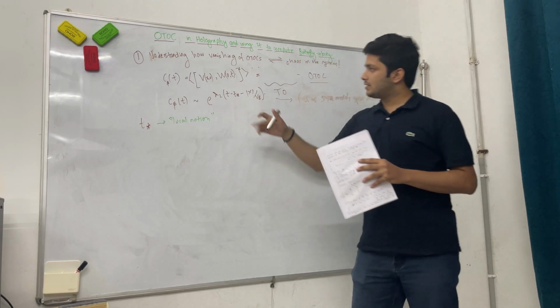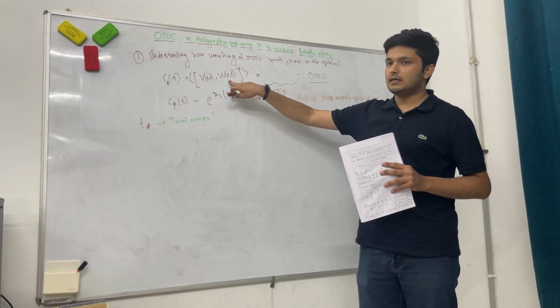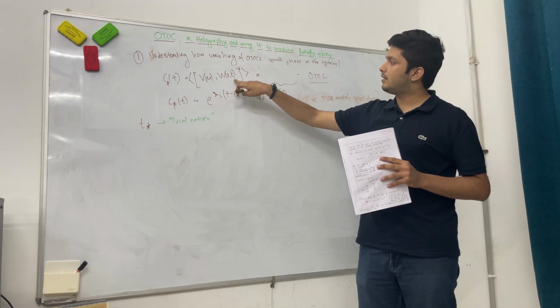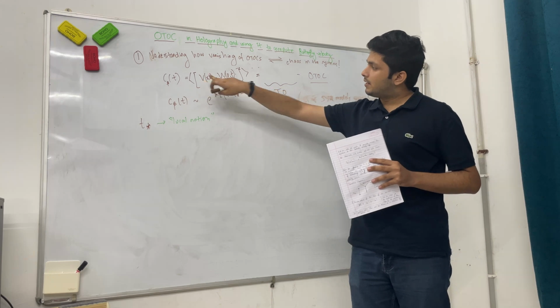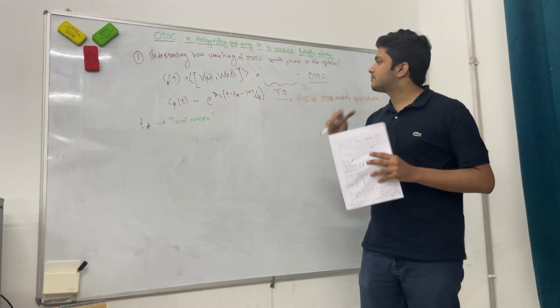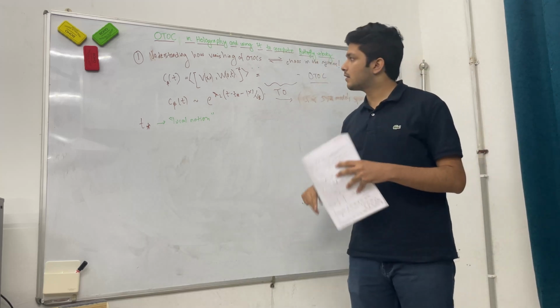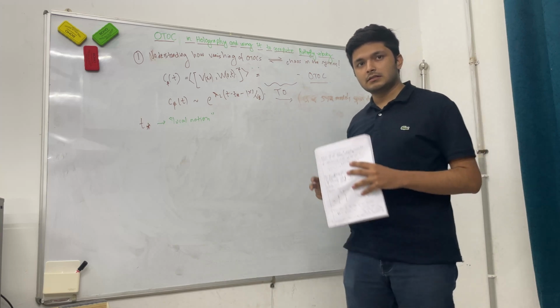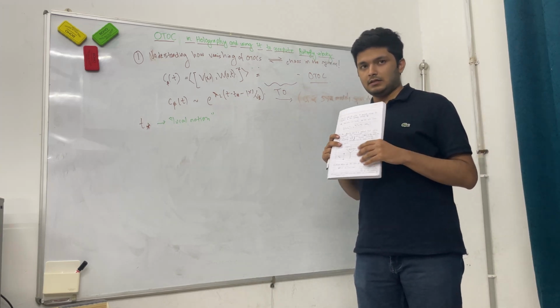So what I'm doing is I'm applying this operator W at origin of my space-time and at time t, and this is my operator V at time 0 at position x. So W is at origin, and V is spatially separated from it by x.